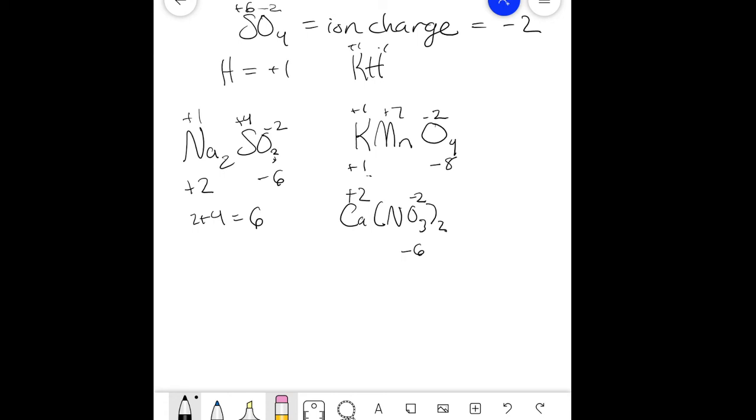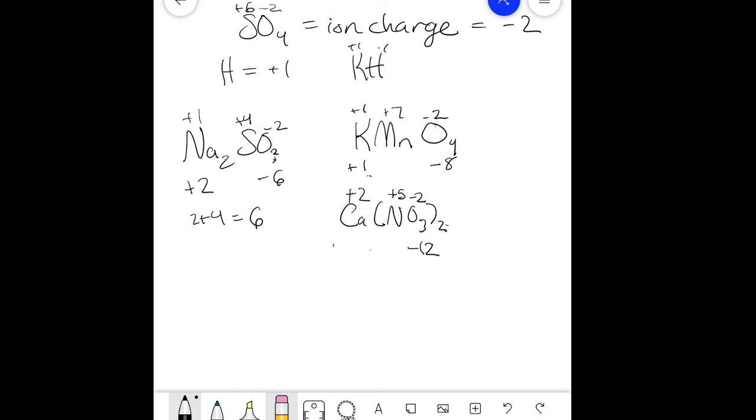We need nitrogen to be something positive that when multiplied by this and added, it gets us to -6. So this is going to be +5, because when you include that 2, this actually makes this -12, because we have double the amount of this.